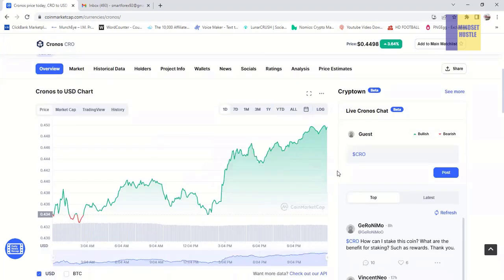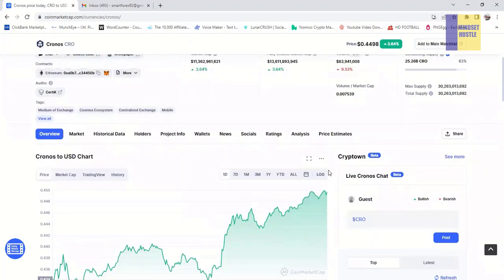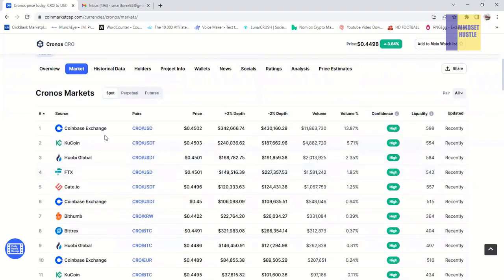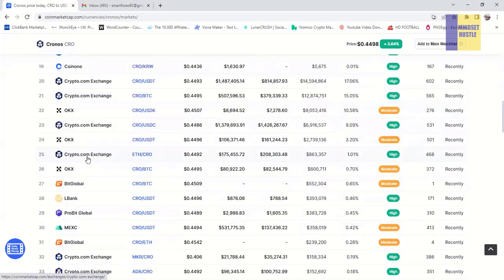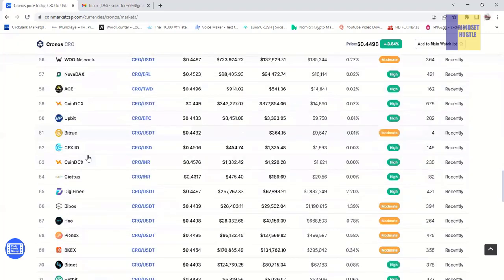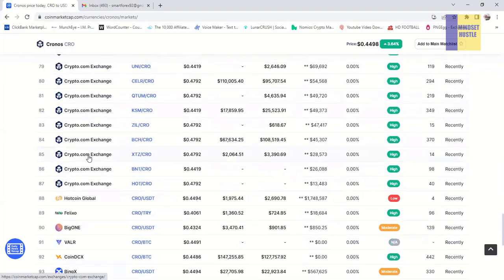All right. Now we want to know where we can get this token to buy. So we go to marketplace. You can see the exchanges: Coinbase, Kuchain, Huobi Global. As I was telling you, this particular token is not listed on Binance. It's listed on other exchanges, but not on Binance.